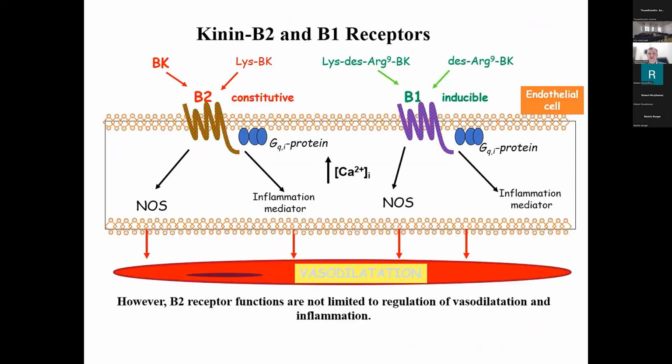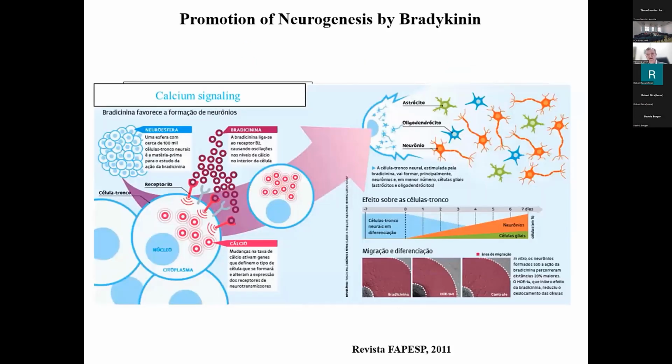The idea was that we used the bradykinin receptor, a G protein coupled receptor, which would classically reduce blood pressure. So we go much beyond this, and this work was a long time ago already recognized by FAPESP, who published in their journal, saying, okay, bradykinin makes neurons. And yes, it is so, it makes neurons in culture, and it also makes neurons in vivo.